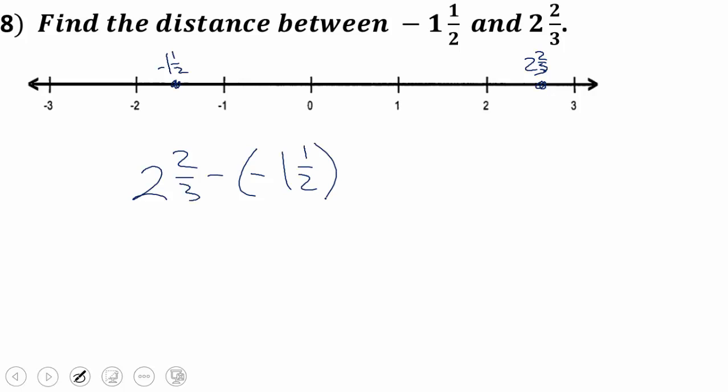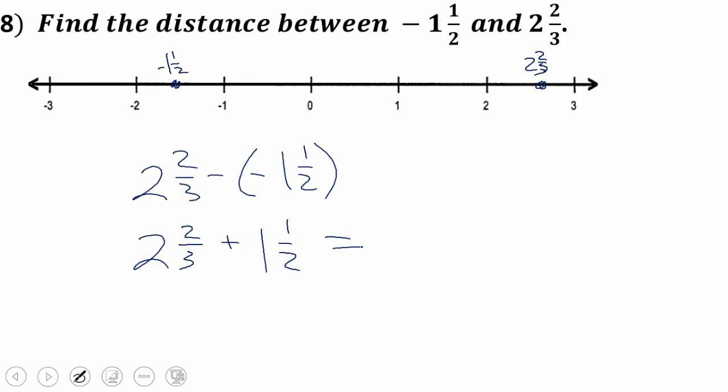I will have a positive distance between these two numbers. I will have a positive difference between any numbers on a number line when I'm finding distance. And of course, again, I recognize that I can instantly apply my integer rules and write 2 and 2/3 plus 1 and 1/2.